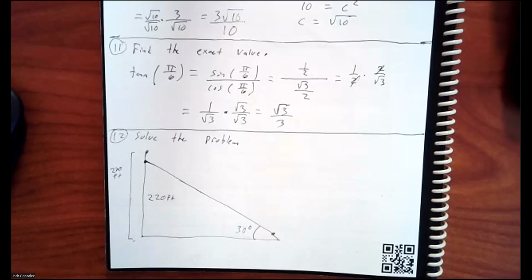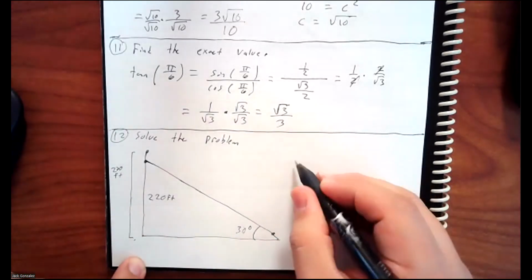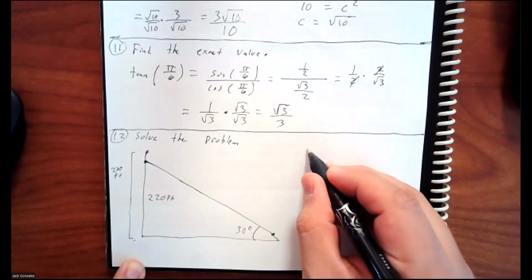So we need to use one of the trig functions that has a hypotenuse as part of it. Sine, cosine works, secant works, cosecant works. Doesn't matter which one you choose, as long as it has a hypotenuse to solve for. Tangent and cotangent do not work for this one. Tangent is only opposite over adjacent. You could use that to find this distance, but they're not asking for it. I don't know, sine, I guess.